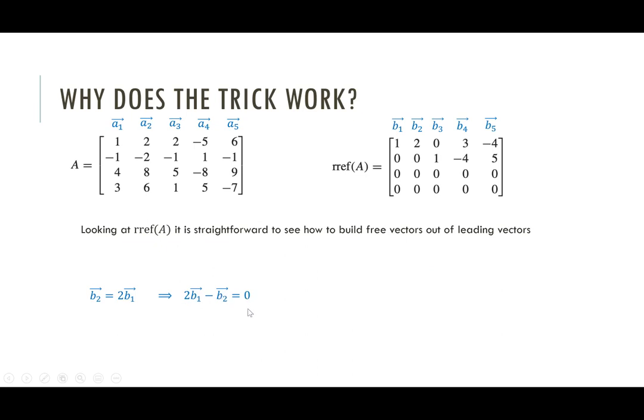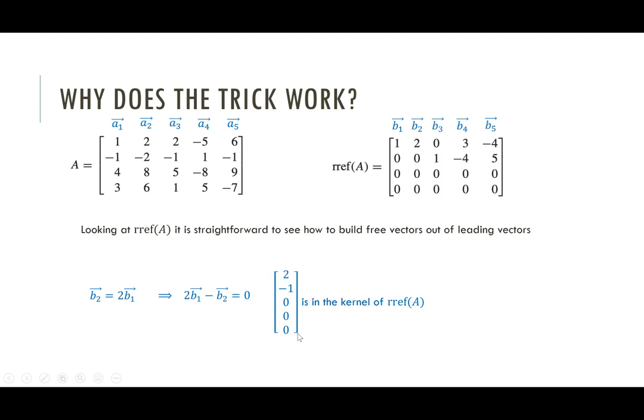The reason I want to do that is because looking at it this way, this relationship lets us know that the vector 2, -1, 0, 0, 0 is going to be in the kernel of the reduced row echelon form. And just check, multiply it through.